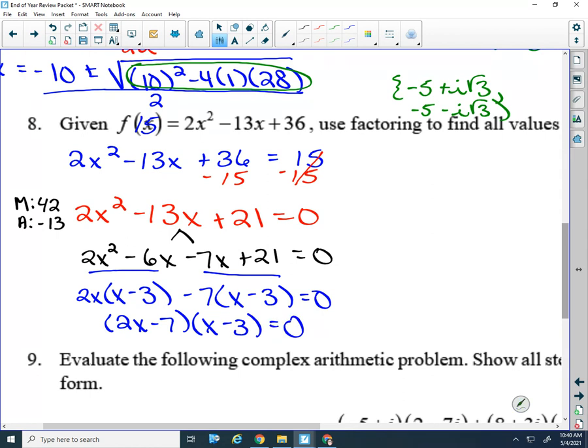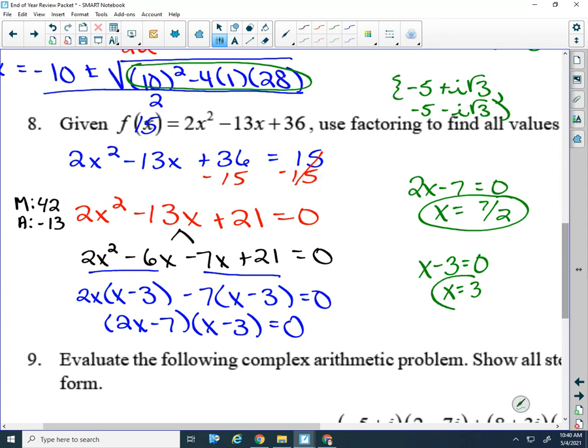If you set each factor equal to 0, 2x minus 7 equals 0, you get x equals 7 halves, otherwise known as 3.5. And if you set x minus 3 equals 0, you get x equals 3. So you could write that as 7 halves, comma 3 in your brackets.